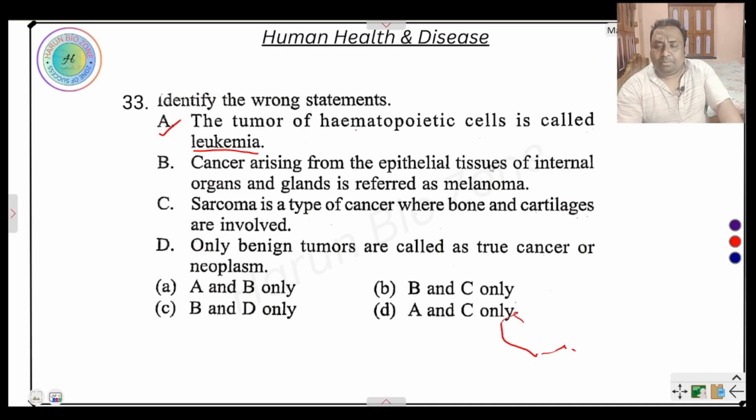Cancer arising from the epithelial tissue of internal organ glands is referred to as melanoma. Melanoma is a skin cancer, where pigmentation appears or disappears. Sarcoma is a type of cancer where bone cartilage is involved.